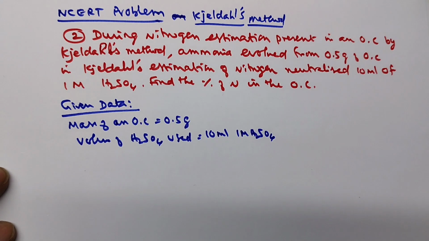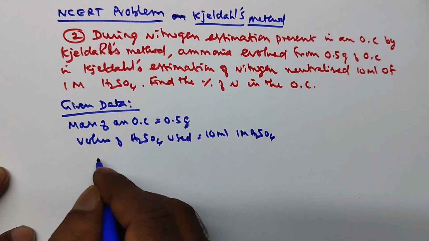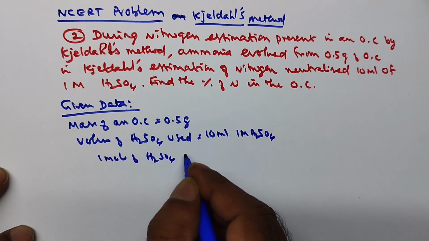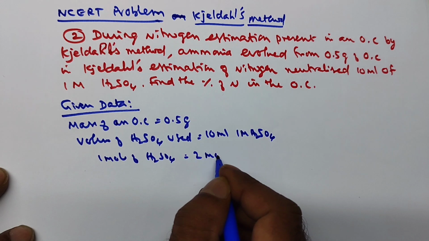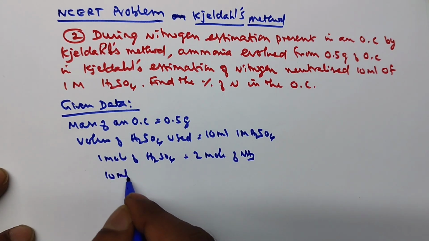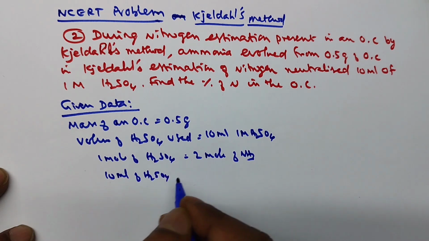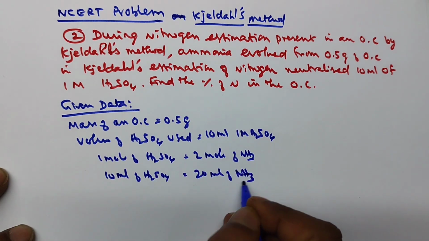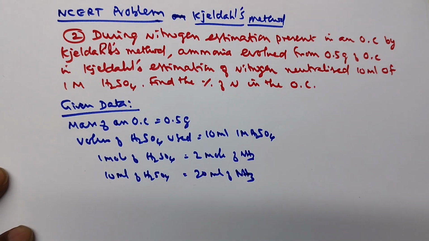We know that 1 mole of sulfuric acid will react with 2 moles of ammonia. That means 10 ml of sulfuric acid will react with 20 ml of ammonia. So we have to use the formula. What is the formula?